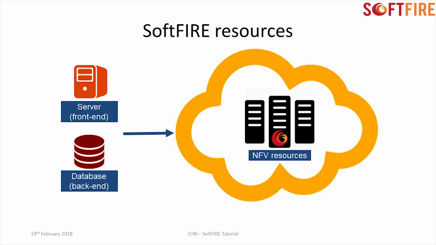Now that we have a clear idea of the topology and all the components, we have to map these components into SoftFIRE resources. We have the server front-end and the database backend that will be mapped into NFV resources.